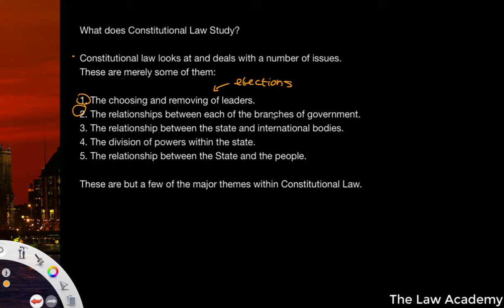So if we're talking about the relationship between branches of government in the United States, we could talk about the relationship between the President and the Supreme Court, or between the Supreme Court and Congress. These are the type of things that fit into this idea of the relation between branches of government.